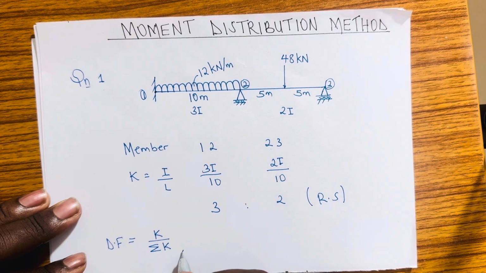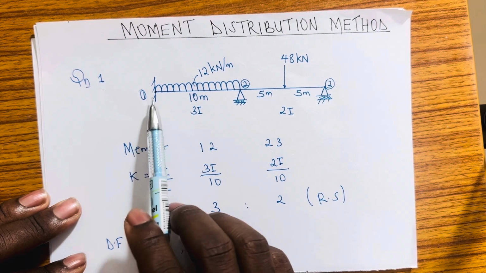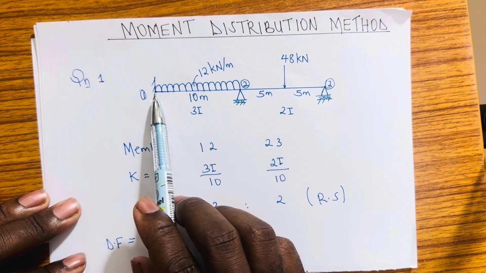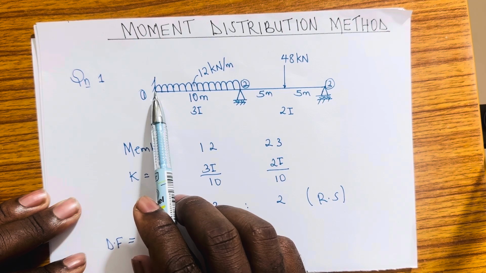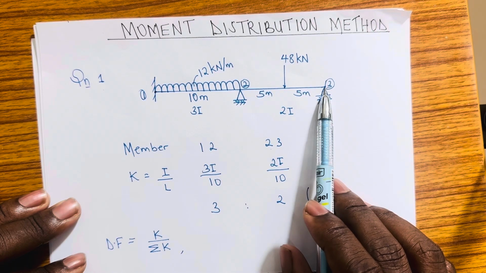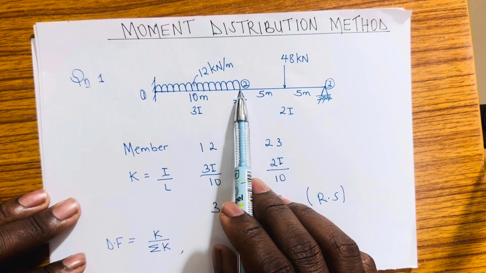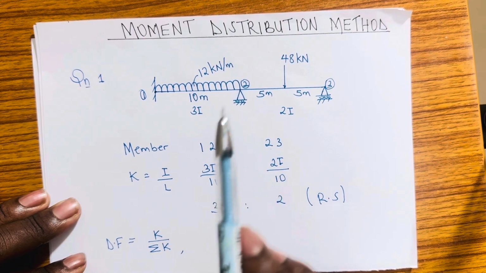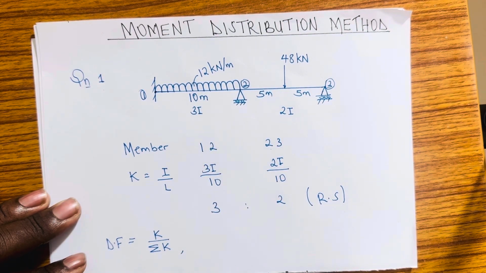If you're getting the distribution factor, you have to get it from a joint. At the fixed end here, the distribution factor, of course, definitely will not be there because it is fixed, it is 0. Then when we have a roller support or hinge here, that distribution factor is 1. But in the middle we need to find the distribution factor.